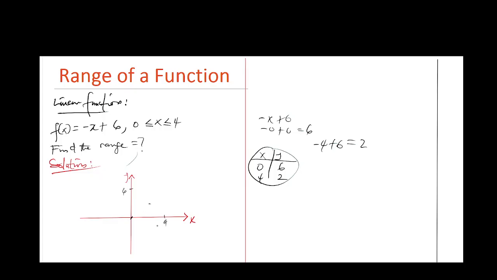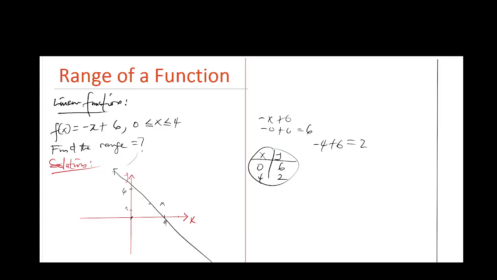Let's take our 4 to be somewhere here. Y is 2. So our 2 will be somewhere here. All right, so this is the point. And if we draw the straight line, we are going to have something of this nature because it is inverse.